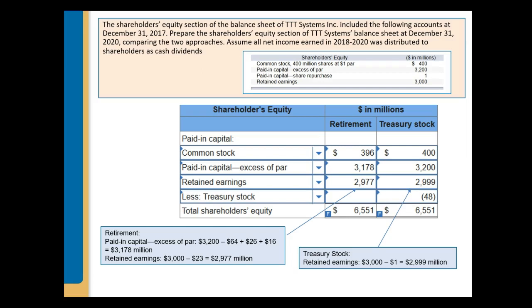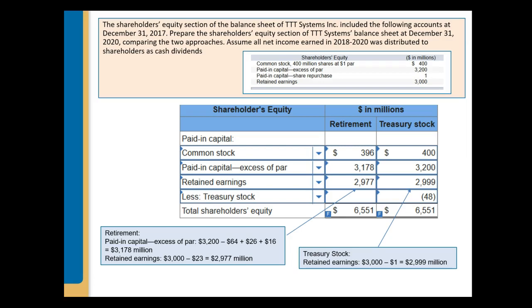The paid-in capital in excess of par is going to be the $3,200 shown originally minus the $64 plus the $26 and plus the $16, just following the journal entries to come up with the new balances.